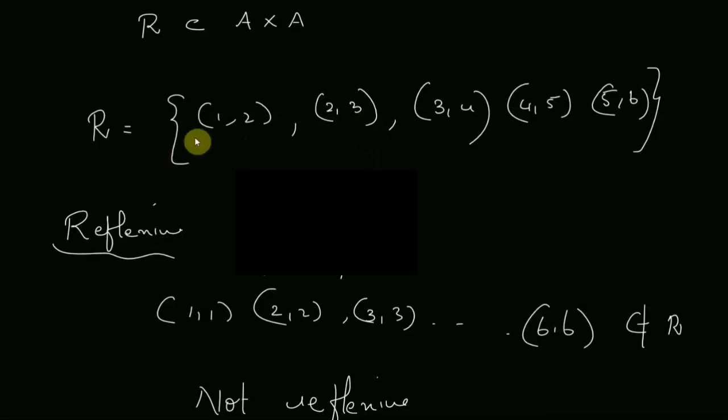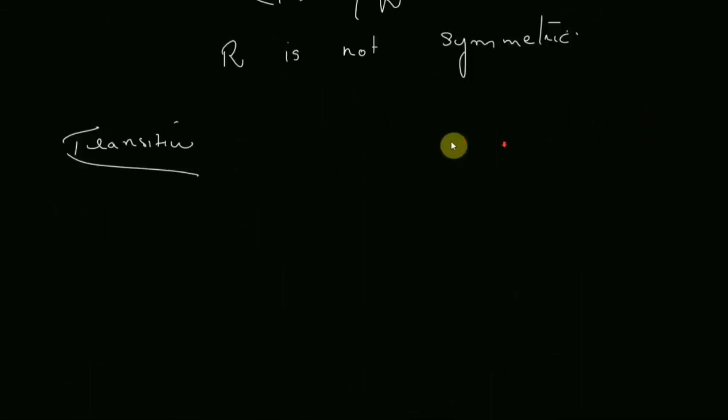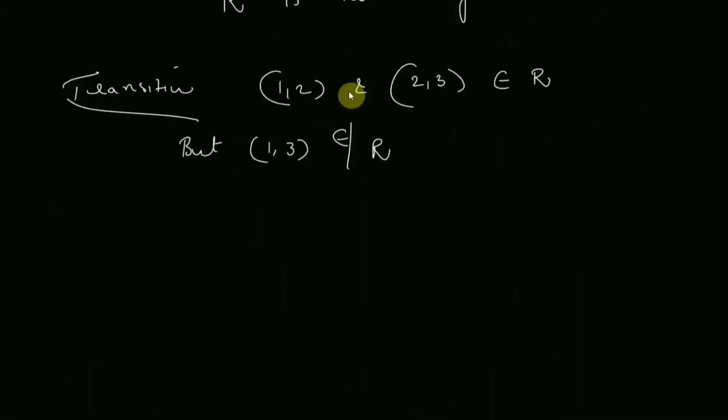If (1, 2) and (2, 3) are present in R, then we have to check whether (1, 3) is also there. Is (1, 3) there? No. So it is not transitive.